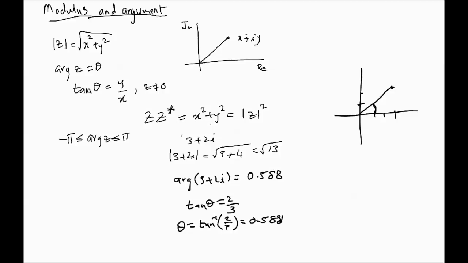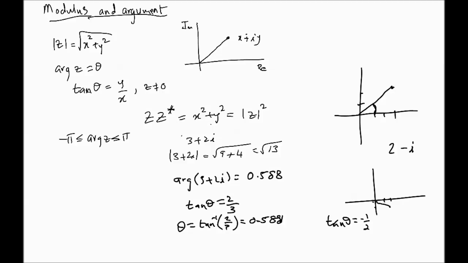Now if you had, for instance, the number 2 minus i, if I were to plot it, that would be 2 along the real axis and minus i down here. If I calculate this, tan theta would be the imaginary part over the real part, so it's minus a half.